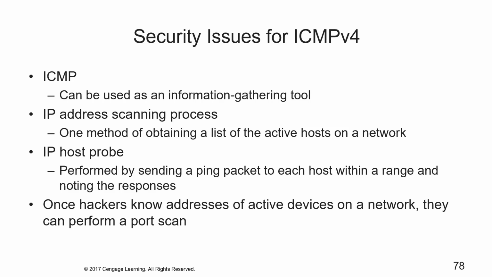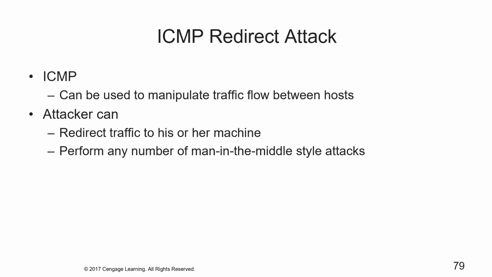So ICMP has been a huge problem, and oftentimes it's simply just disabled. In terms of discovery, once someone knows the various addresses on a network, they can use it to continue vulnerability scanning or other footprinting techniques to gather information for a potential attack.